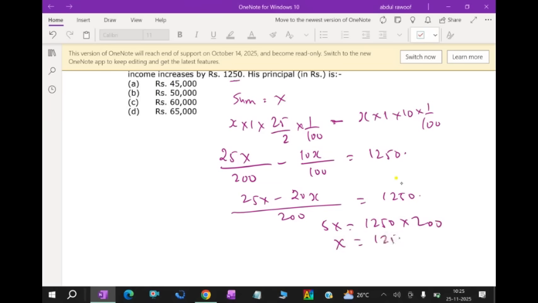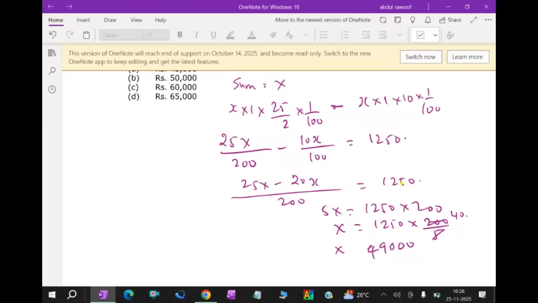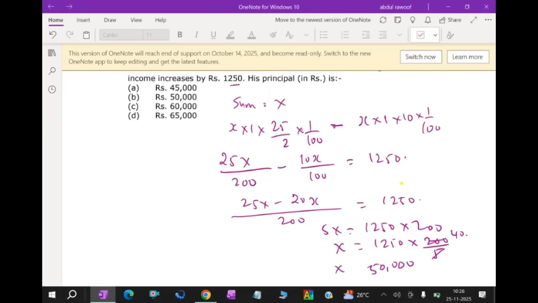So x equals 1250 into 200 divided by 5, which is 40 times 1250. 4 times 5 is 20, 2 carries, 2 fives are 10... so x is 50,000, not 49. His investment is 50,000. Option B.